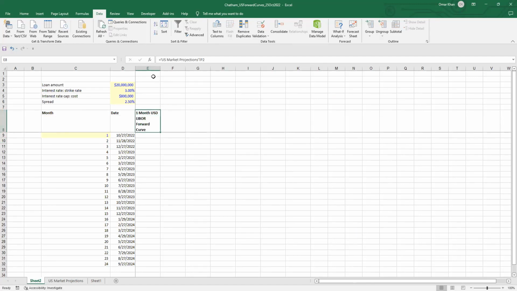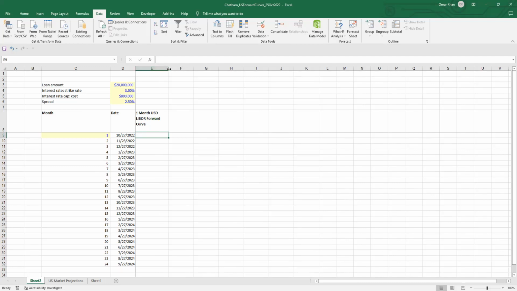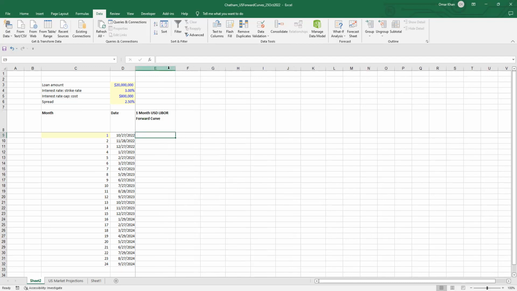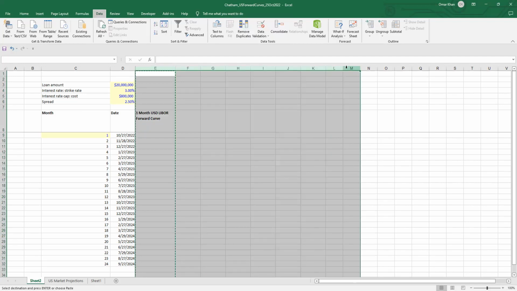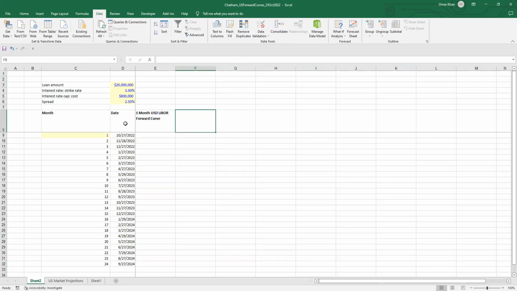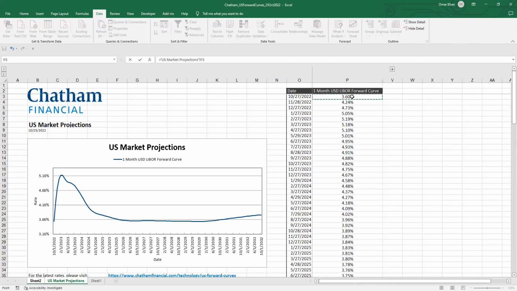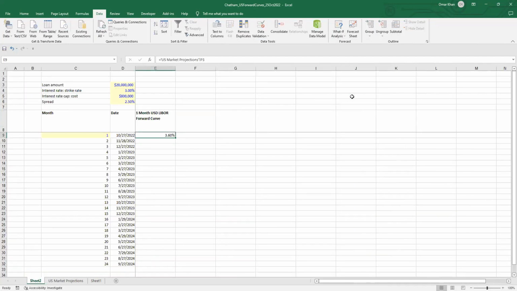Let's expand this column just so that we know what this means, right? Now I'm going to format it properly. Give me 1 second. I am going to format this correctly.